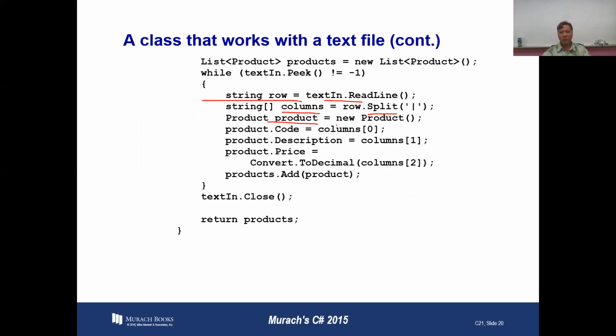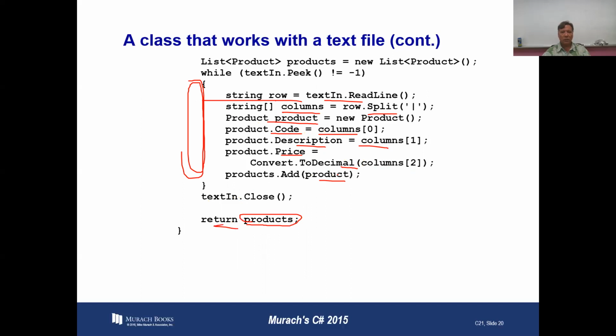It creates a new instance of a product object. It stores the first field into the code, second field in the description, third field it converts to decimal and stores in price. It adds it to the list, keeps on looping and adding to the list, and finally it's all done. It's got this nice list of products, and then it returns that.